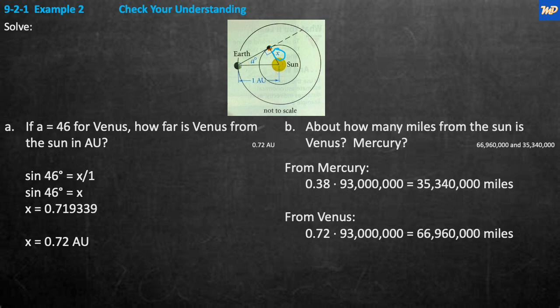Okay. And then for Venus, it's 0.72. So we have 93 times 0.72 is equal to 66.96, so 66,960,000 miles. Okay, good job.